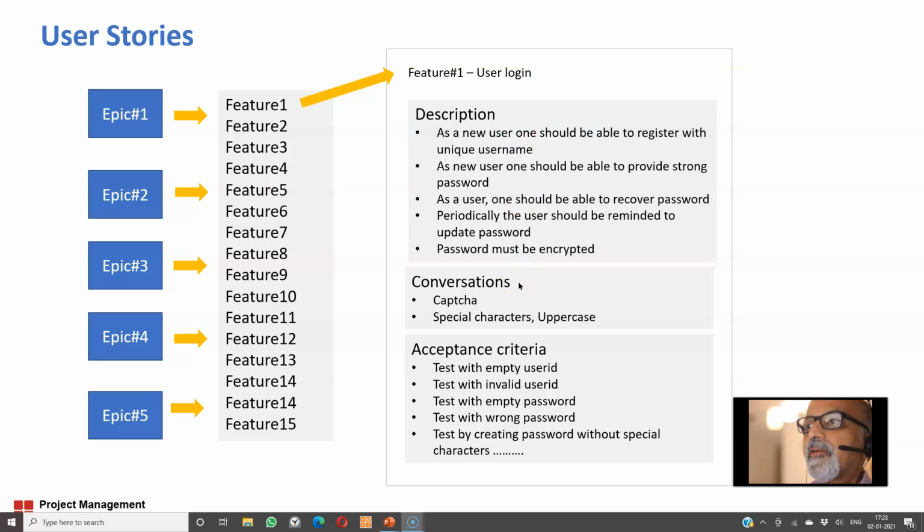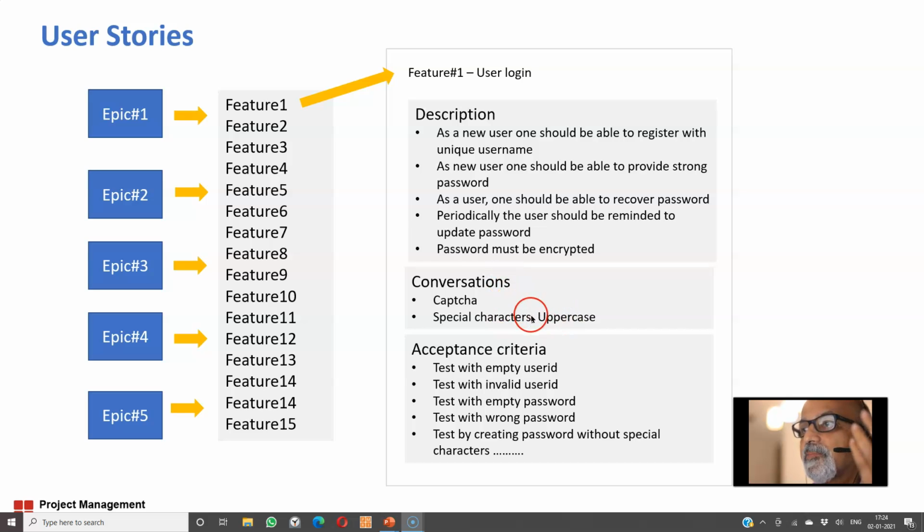Then while discussing with the team, people may ask me more questions about it, and all those conversations are captured here. As part of the conversation, somebody said it should have a CAPTCHA. We accepted that. Yes, a CAPTCHA should be there. And the password should have special characters and uppercase.